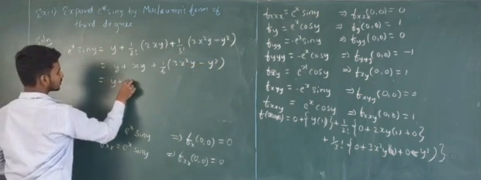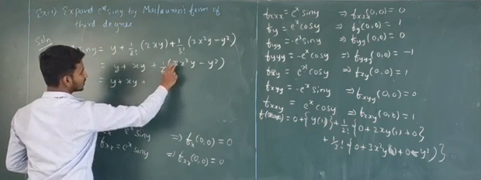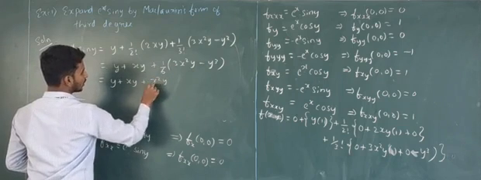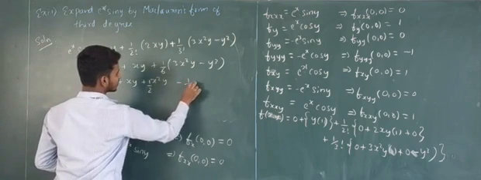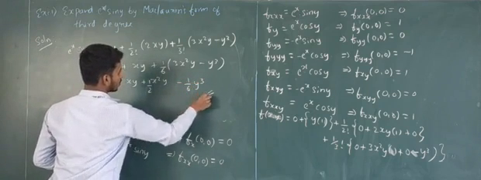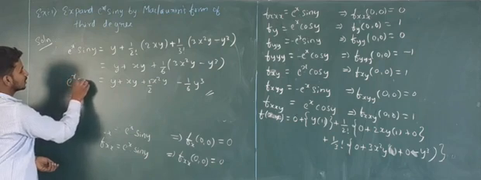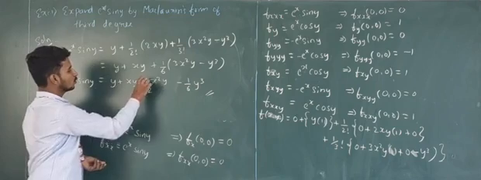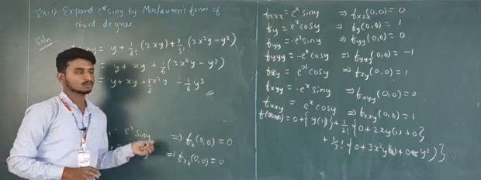That will be y plus xy plus, if you multiply this, 3 ones are 3, 3 twos are 6, 1 by 2 x square y minus 1 by 6 y cube. This is the solution for e raised to x sin y: y plus xy plus 1 by 2 x square y minus 1 by 6 y cube.